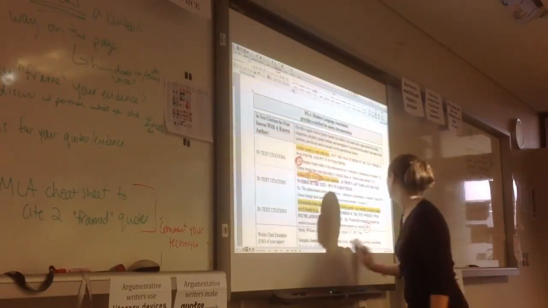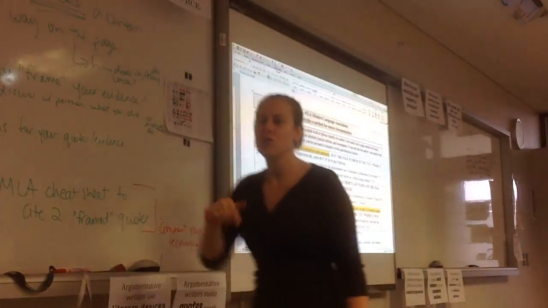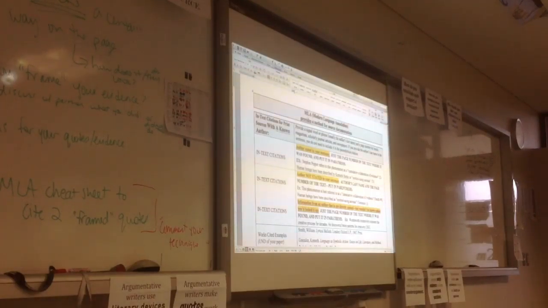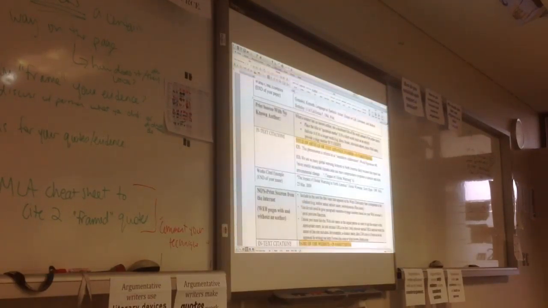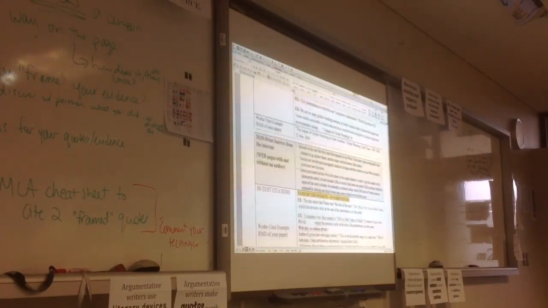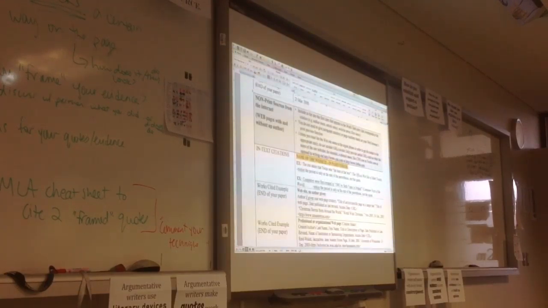Let's go down. Scroll below. If you happen to have no known author, there's a box for that. Okay? If you happen to have a non-print source from the internet, okay? These are ones that you'll do. You'll name the website.